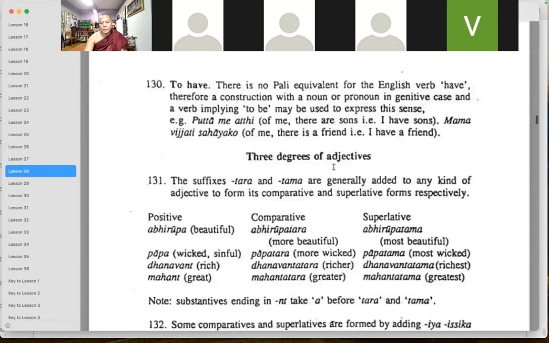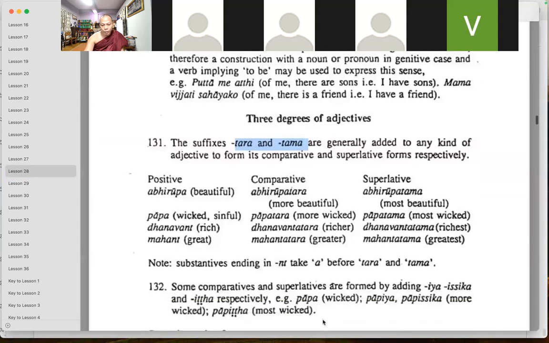Yeah, so three degrees of adjectives. That one is also a kind of these, tara, tama, and so on. The other one, iya, eta, and so on. So here you see iya, esika, eta. They are also in Pali what we call the upamana taddhita or visesa taddhita.